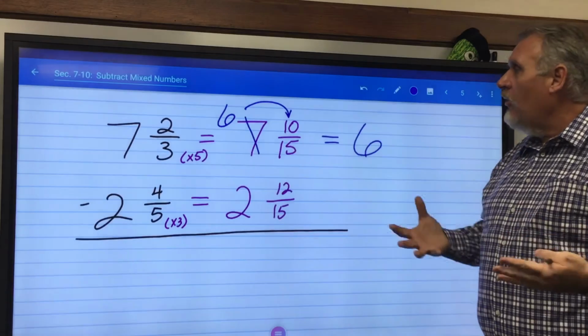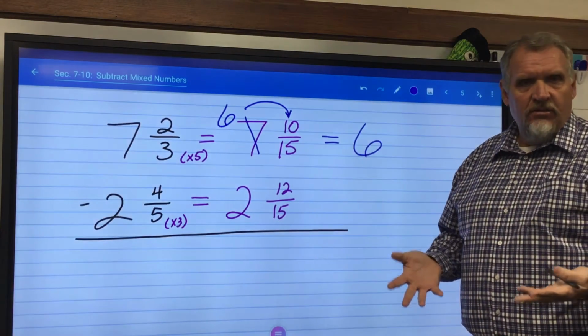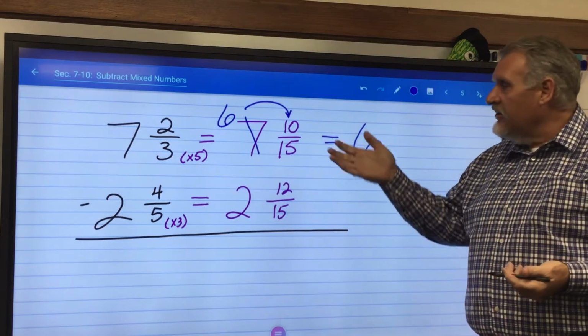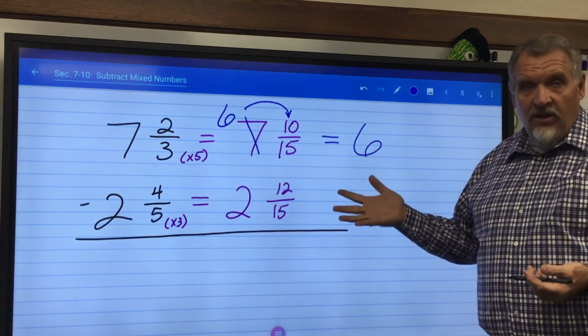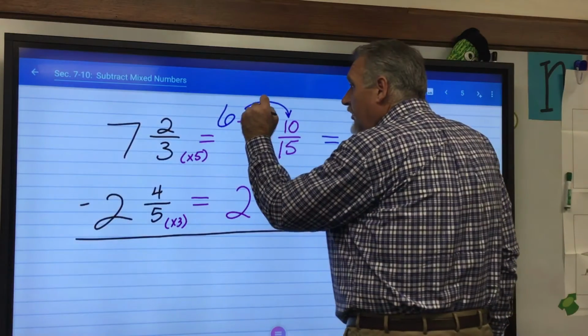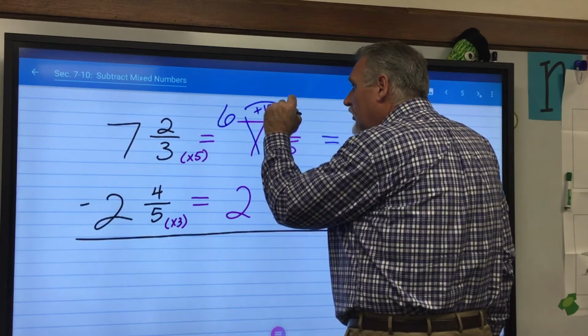So I'm going to put that 1 in a form that makes sense, okay? That works well with this particular problem. Well, since I'm already working with denominators of 15, why not maintain that common denominator and add 15 over 15?